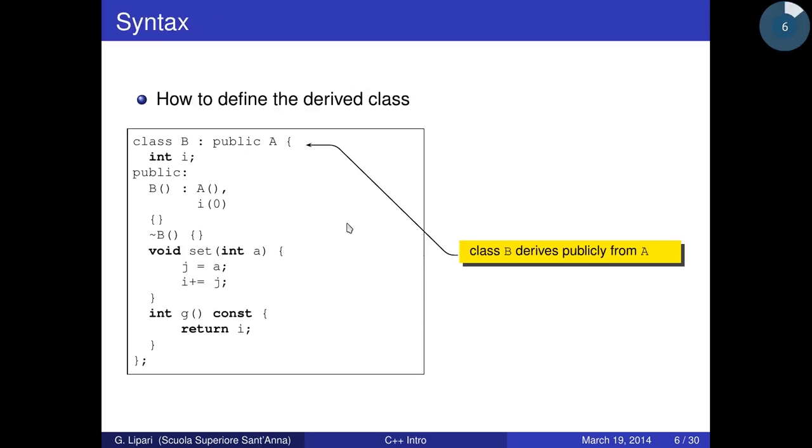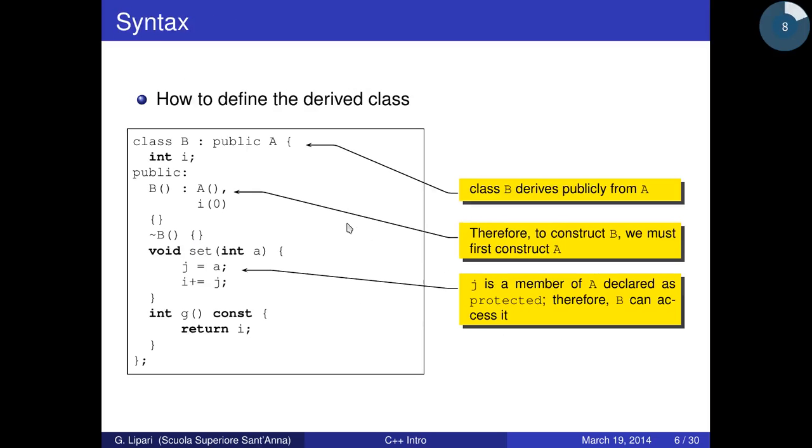So when in B, in function set, we refer to j, we are actually referring to the data member declared inside A. J can be accessed because it has been declared as protected. Protected members can be accessed from a derived class, while private members cannot.